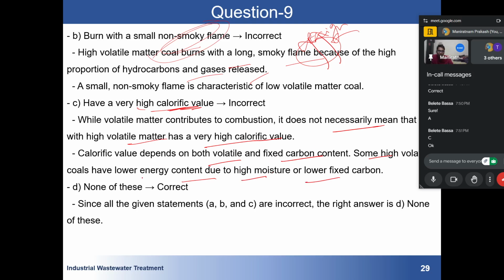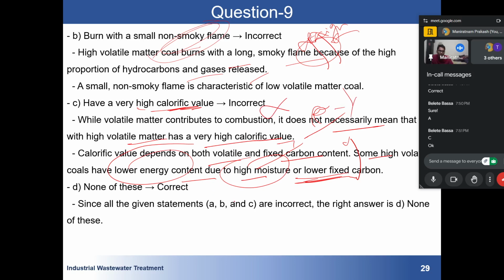It might have a high moisture content. Now remember, if it has high moisture content or low fixed carbon, then the calorific value, the heat released from that coal, might be low also. That's why this option was also incorrect.